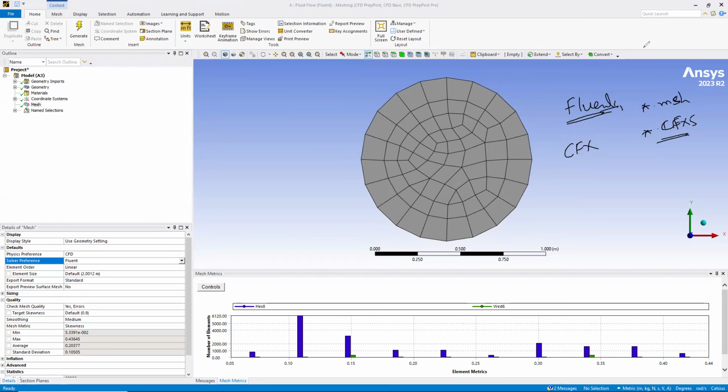Okay. So they both will give the same results. Yes, definitely. They will give us the same results.